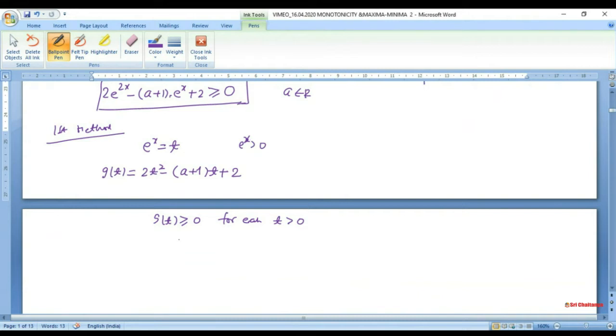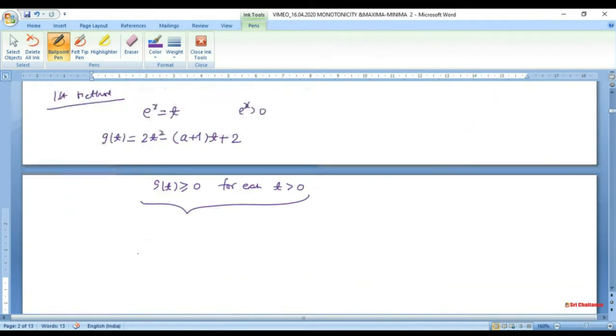So we have reformulated the problem: we want all values of a that belong to R such that this inequality holds for all positive t. That brings us to the chapter of quadratic equations, more precisely the topic location of roots.